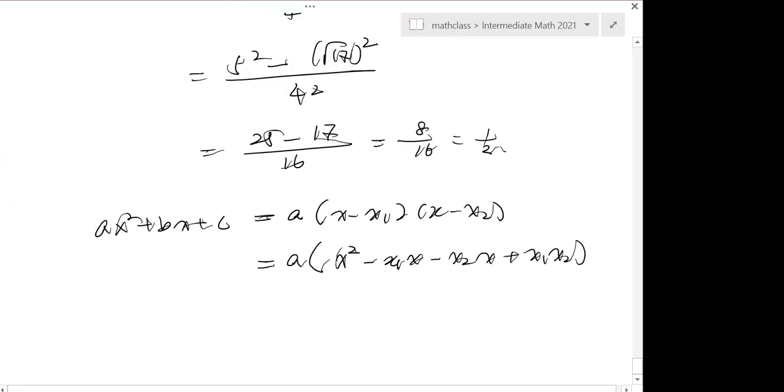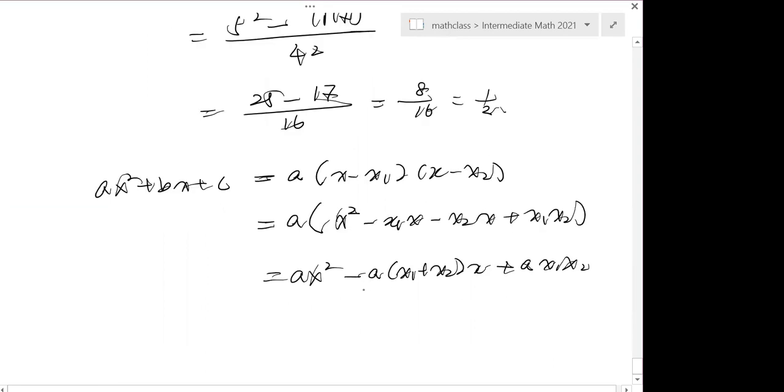So if we compare both sides, the sum of those two roots can be determined by this equation.